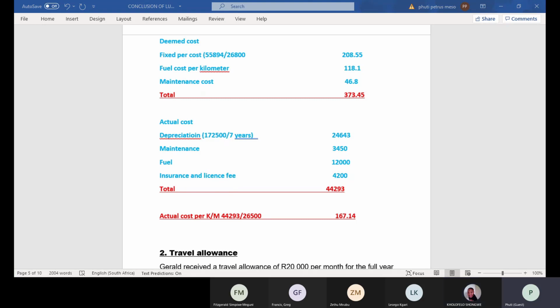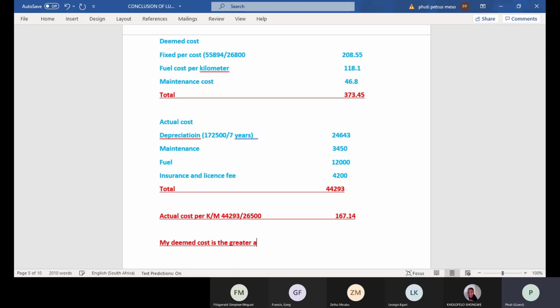Let me see how much it is, it's 373.45. All right. So students that were writing the written exam, they would just say my deemed cost is the greatest. Therefore, it has to be used.